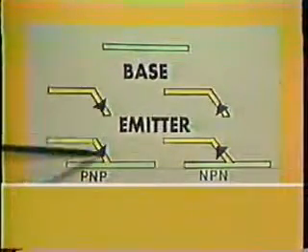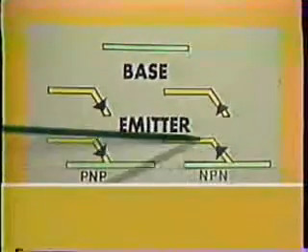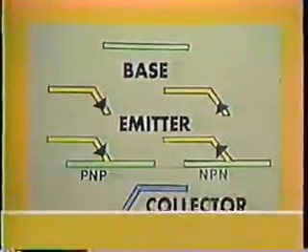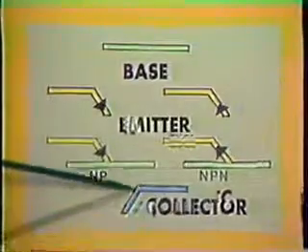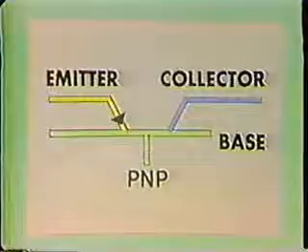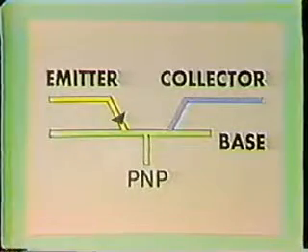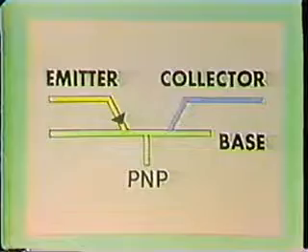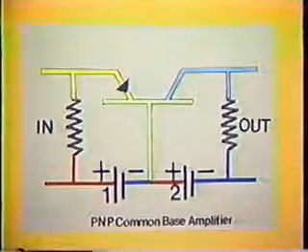The arrowhead points in toward the base on a PNP transistor and points out away from the base on an NPN transistor. The collector is represented by a bent line, like this. Now we will put all these parts together and have a transistor symbol which looks like this. This is a PNP transistor.